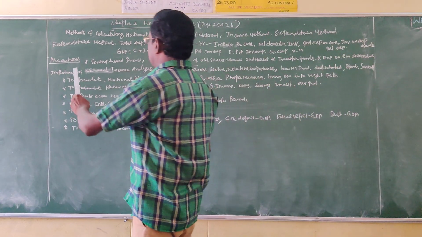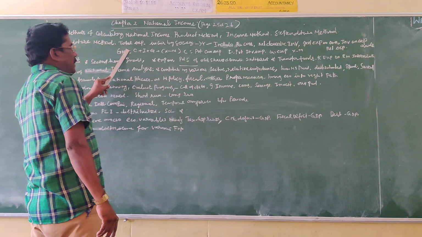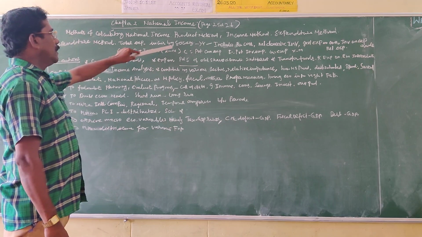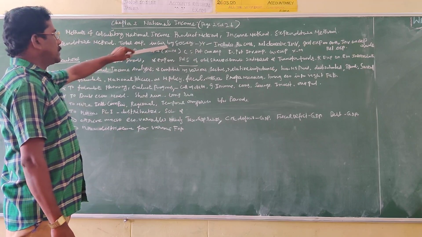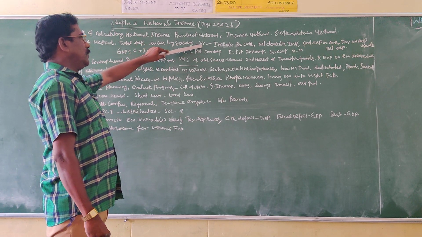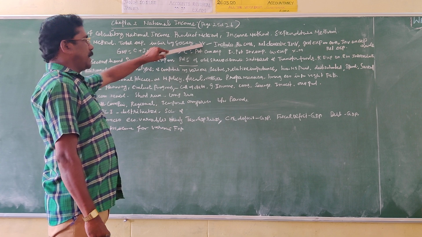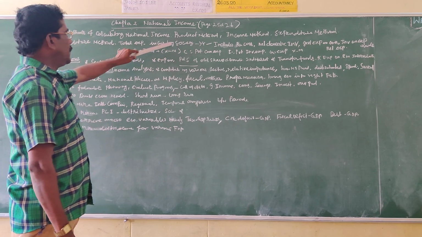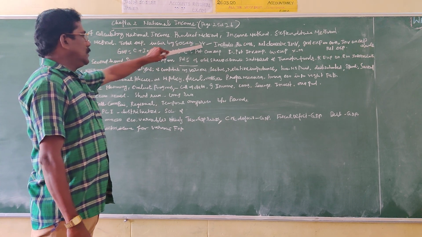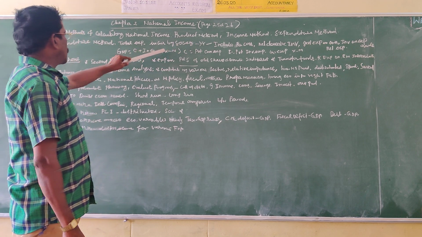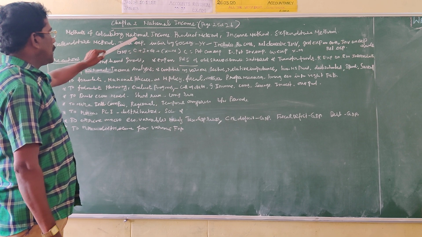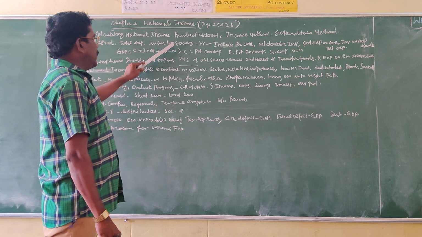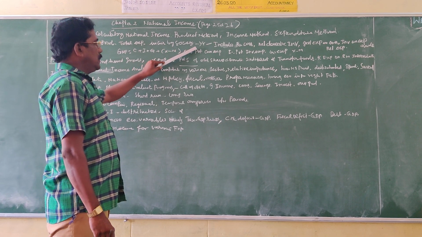In the expenditure method, the total expenditure incurred by the society on various aspects during a particular year or period of time is taken into account as the national income. So what are the expenditures incurred by the society during that period?